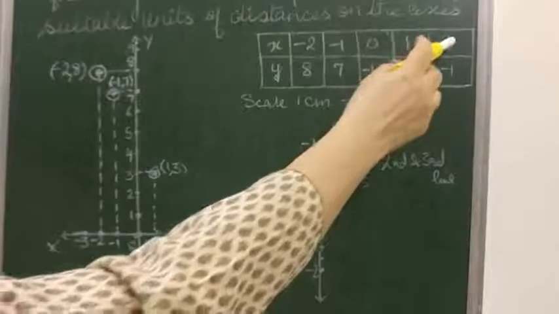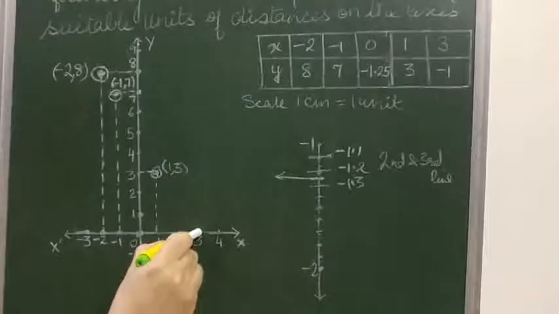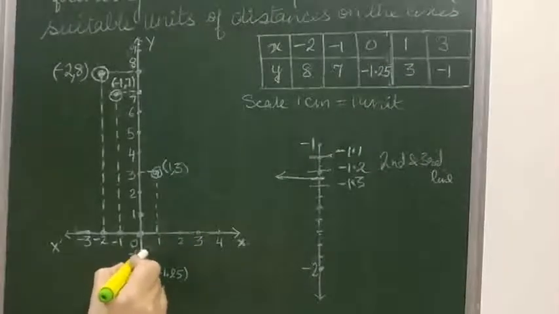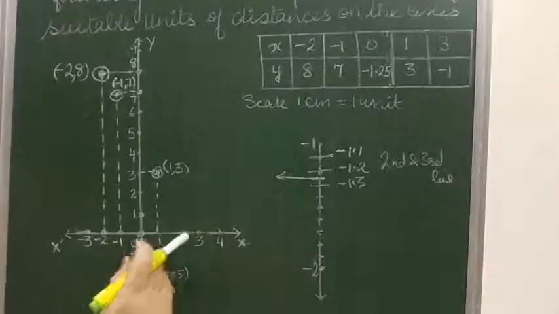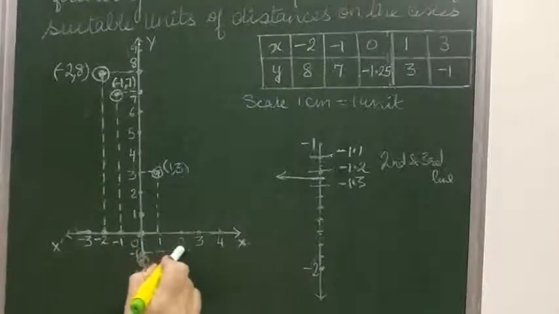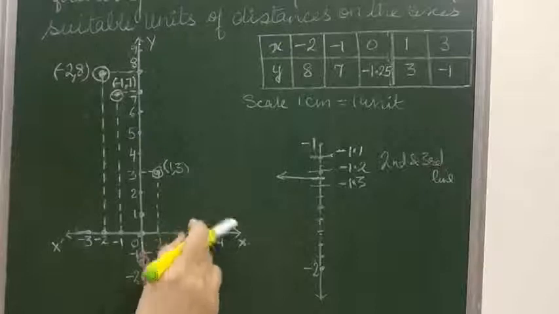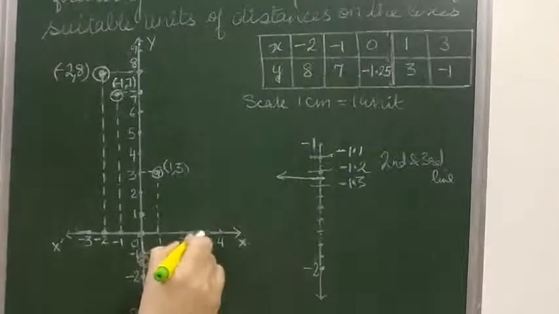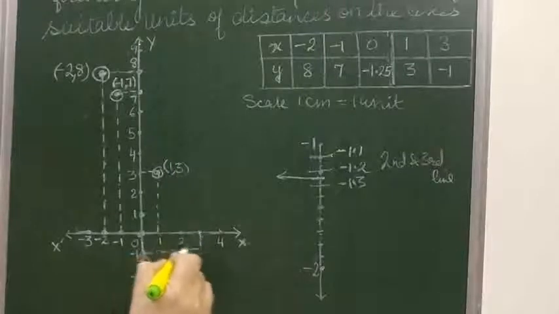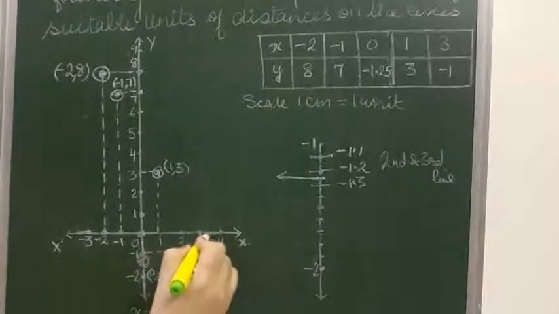Next is 3 and -1. The value of x is 3, the value of y is -1. That means you will draw the horizontal line first and vertical. x is 3, so a vertical line, y is -1, a horizontal line.